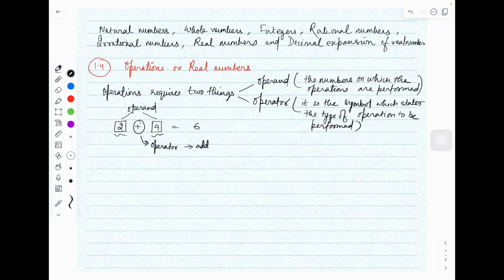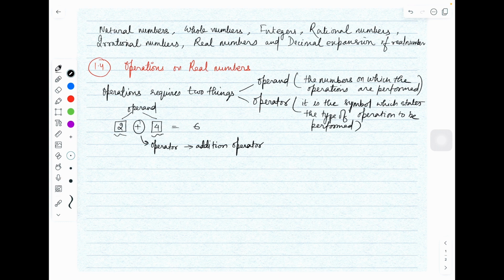Understood? The numbers on which the operations are performed are the operands, and the symbol which states the type of operation is the operator. Plus shows that we have to add these two numbers.